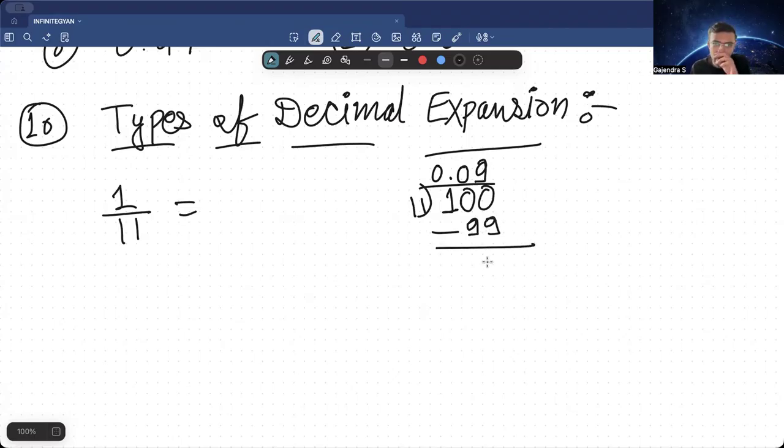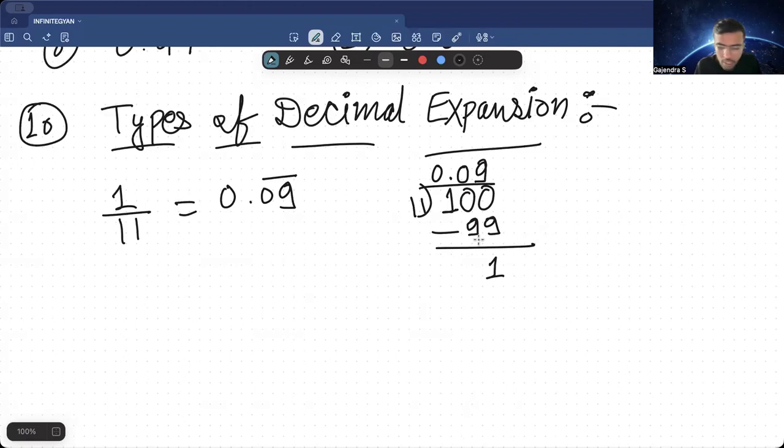What you will be getting? Yes, exactly 1. Now we have already put the decimal over here. Correct. So again you have remainder 1. So again these two digits will get repeated again and again. So it can be written as 0.09 bar, 090909 bar. It will keep going on, right?